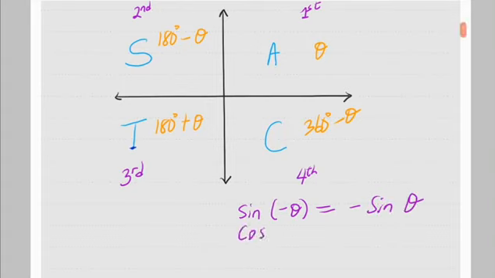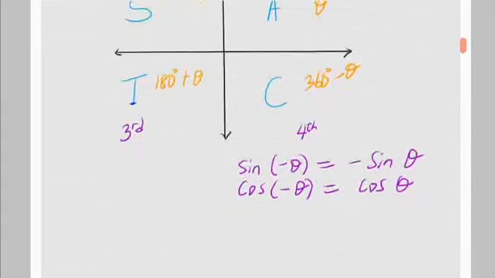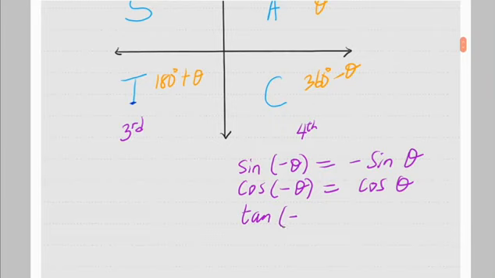The cosine of a negative angle is equal to the cosine of the angle. Then the tangent of a negative angle is the negative of the tan of the angle.